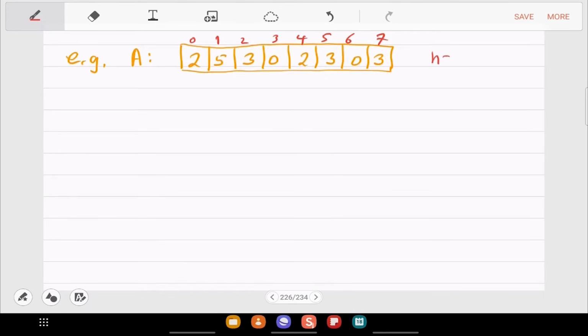So this is the case of n equal to 8 and k equal to 6, right? All numbers are from 0 to k minus 1, 5. So this is the input array, then we make a new array called count, which should store the frequency. So basically in the ith location, frequency of i.